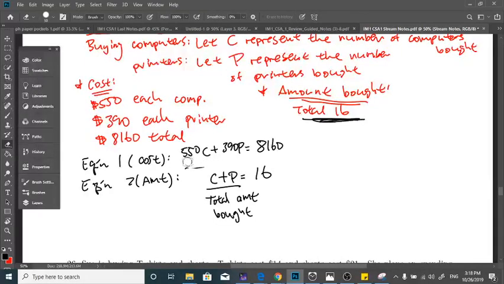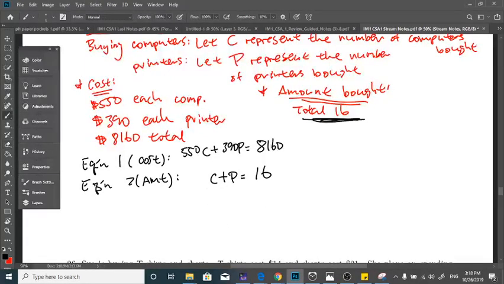Okay, so next thing, we have the system. Now we are going to solve it. So in this case, either substitution or elimination works. Let's do elimination. So what I can do here is multiply by negative 390. The reason for that is because we can get a negative 390p over here.